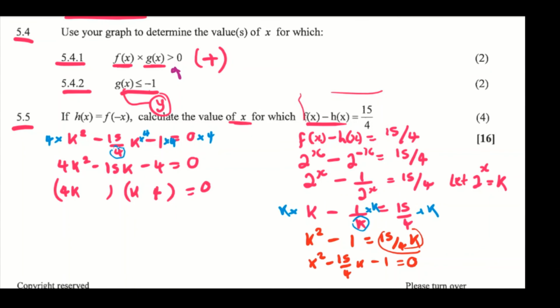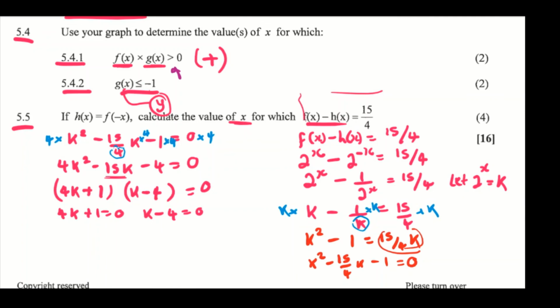When you multiply these, you're going to get 16, but we know that another factor of 1 multiplied by k is going to give us 15, right? So we can say negative here and positive there. So now we have 4k plus 1 equals 0, or k minus 4 equals 0.